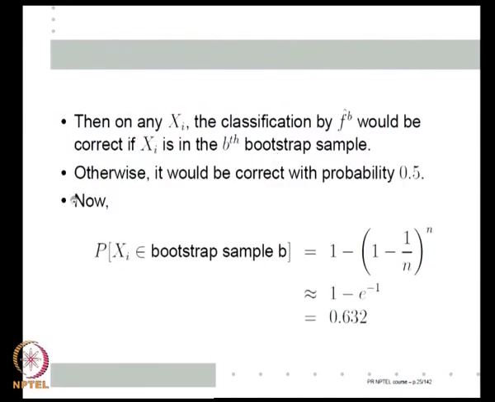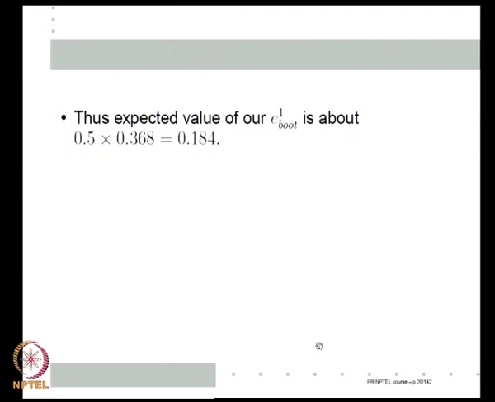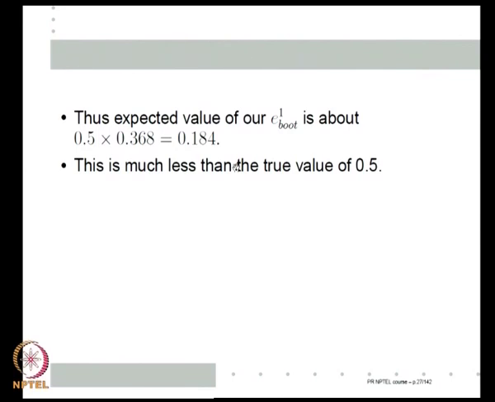So, we have seen that if it is in, I anyway do not make error. If it is not in, I will make error only with probability 0.5. It not being in the bootstrap sample is about 0.36. So, that into 0.5 is about 0.18. This is the expected value of E boot. This is my estimate. The expectation of the estimate is 0.184, whereas the true value of the error rate is 0.5.